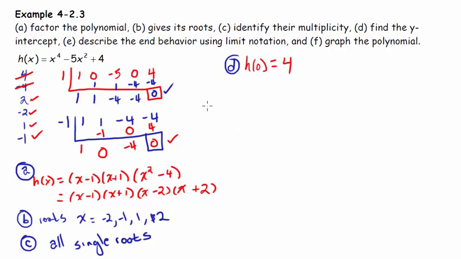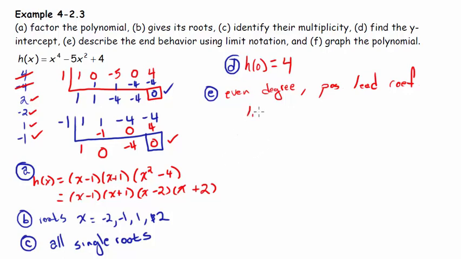Alright, now we need to describe the end behavior here using function notation. Alright, so I have an even degree and a positive leading coefficient. Alright, so the even degree tells me that both of these limits are going in the same direction, and because it's positive, they are both going up.